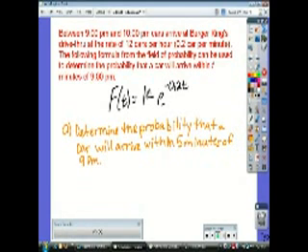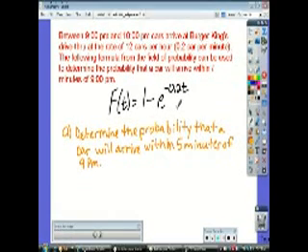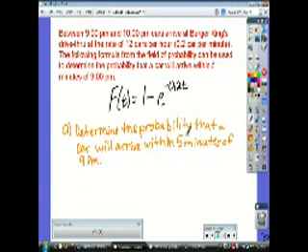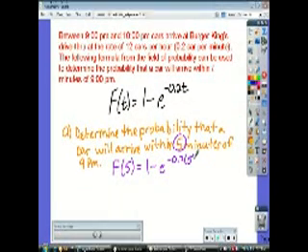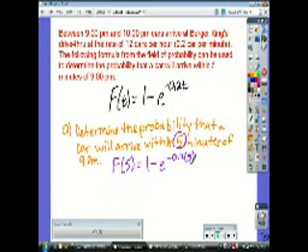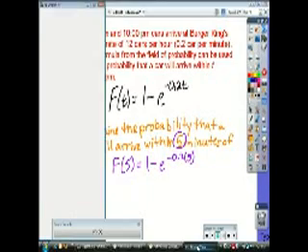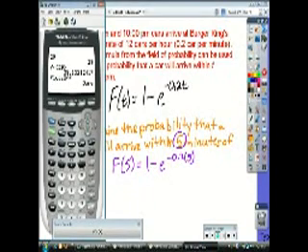Well, if we go back to the problem, this function gives us exactly that. All we have to do is evaluate the function at 5. So that's what I'm going to do now. The function evaluated at 5 is equal to 1 minus e to the negative 0.2 times 5. Now the best thing to do in this situation, especially since e is an irrational number, is to use our calculator to type this in.